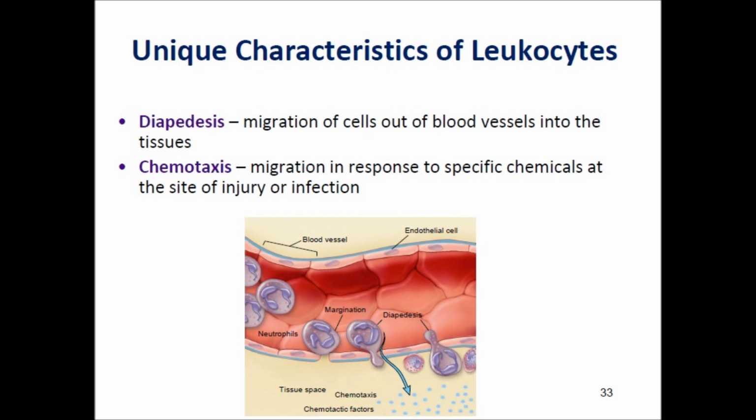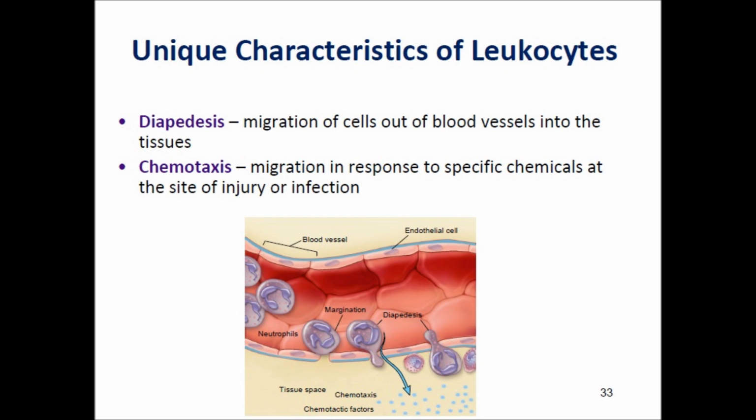So what's important about leukocytes then? If you think of what we just looked at, one thing they have to be able to do is migrate out of the blood vessels. If you have a blood vessel going to a certain area and it opens up, and you expect it to go to the site of injury, they actually are able to leave the blood vessel.